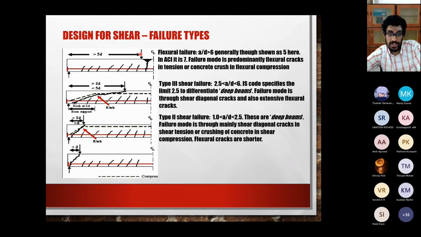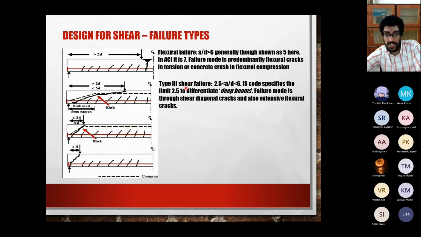This is known as type. Actually, type and all is actually defined by ACI code. Anyway, whatever you call it, this is type 4, and the next will be type 3. The type 3 shear failure is a case where you have a slightly lesser shear span to depth ratio. Okay.